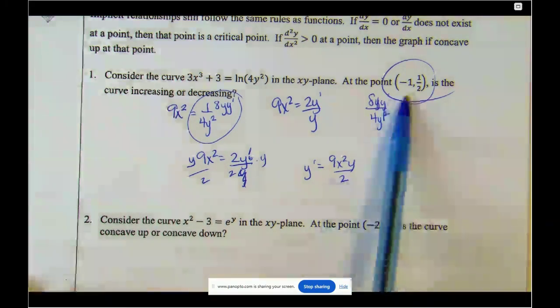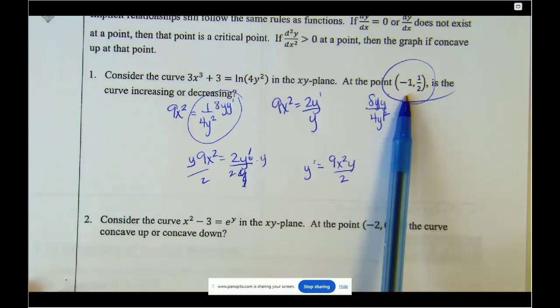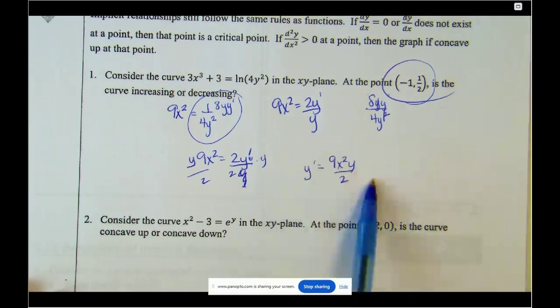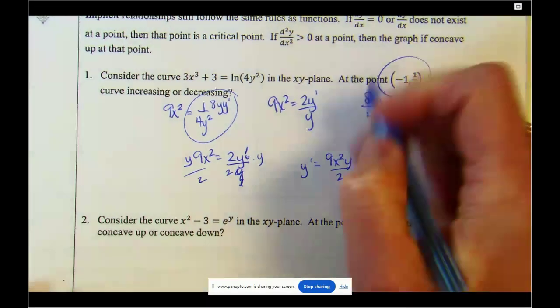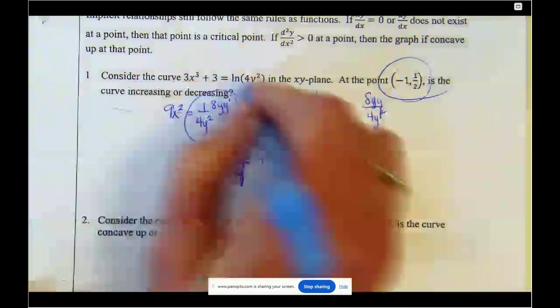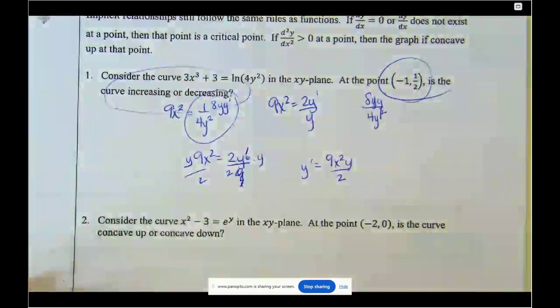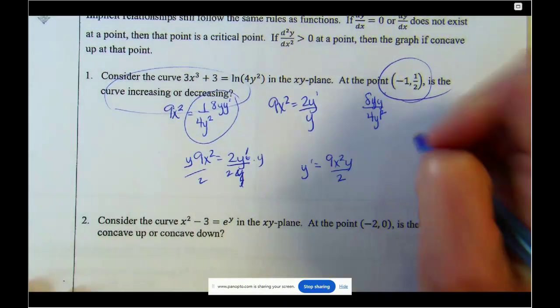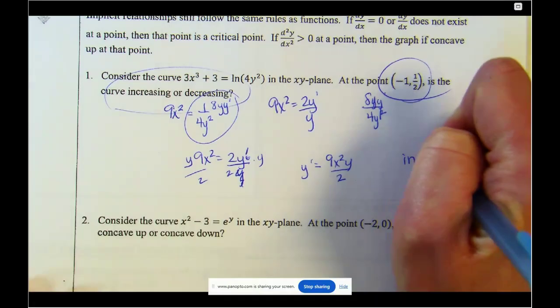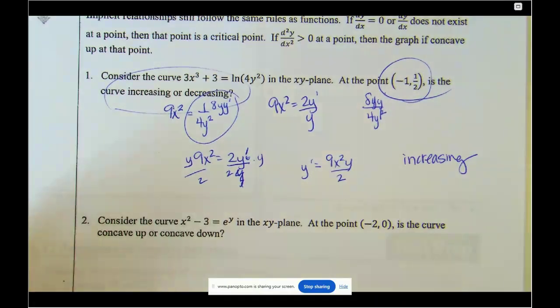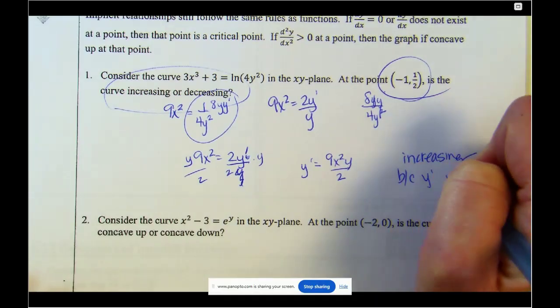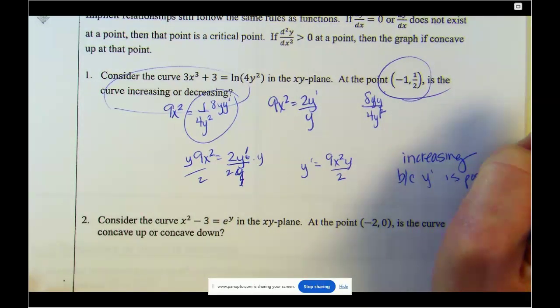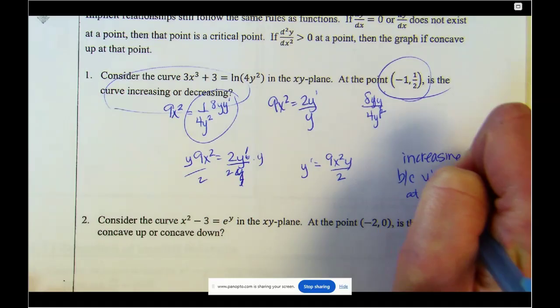So listen, all you're doing is plugging this in. Positive or negative? This is positive. So therefore, is the curve increasing or decreasing? It's increasing. And why is it increasing? Because, you would have to say on the AP test, y prime is positive at that point, at (negative 1, 1/2).